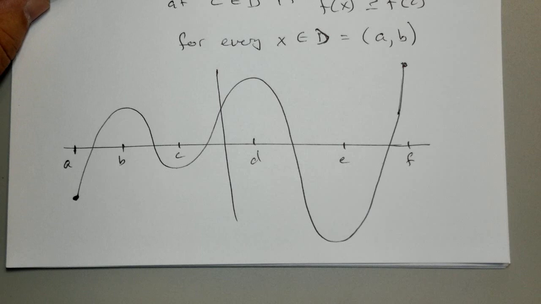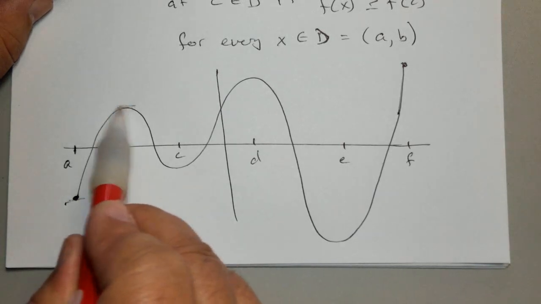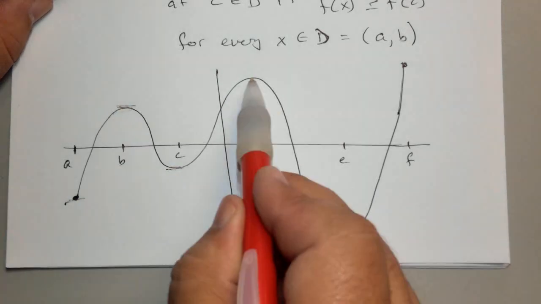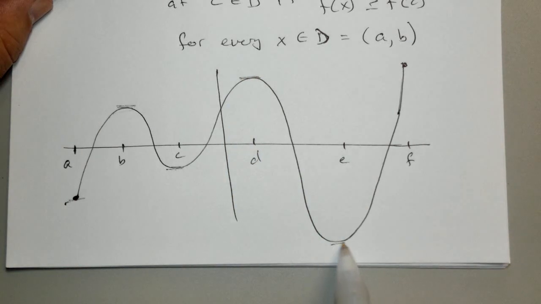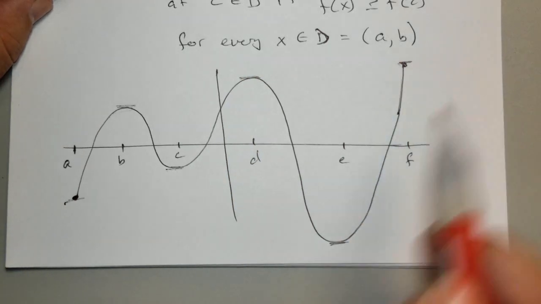Remember, extrema refers to highest and lowest points, vertices in other words. How many high and low points do I have? Here's 1, 2, 3, 4, 5, 6.